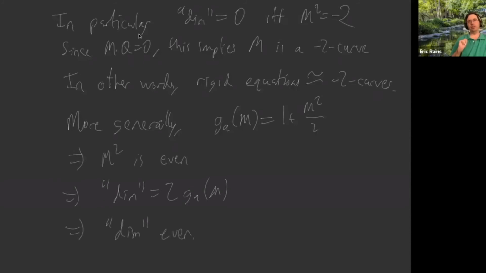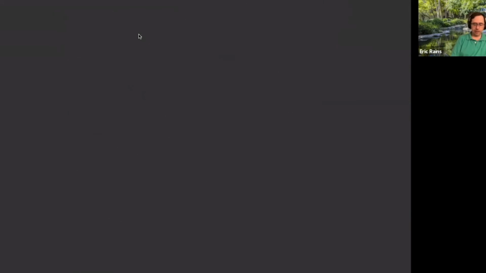And therefore, the dimension is even. So, this is something that we need to explain. Why are we always getting something even dimensional? And we have the following theorem.